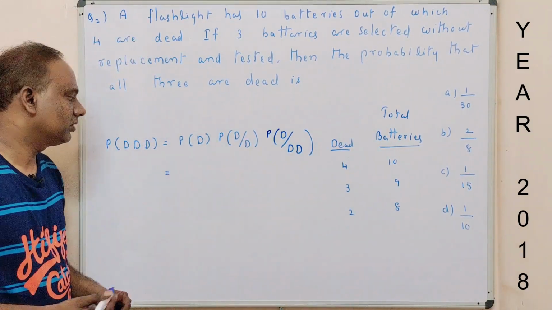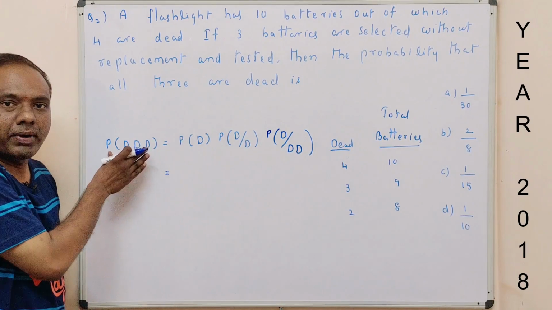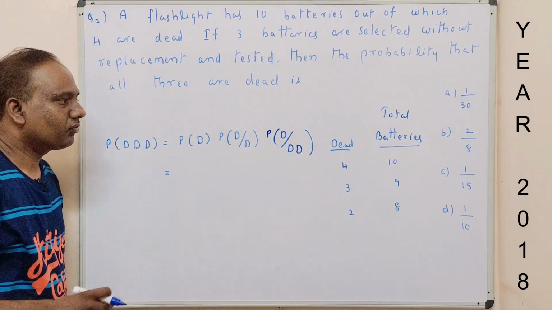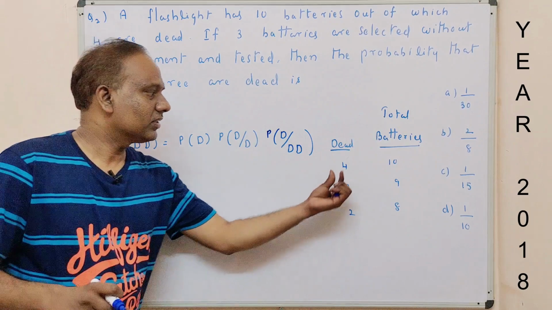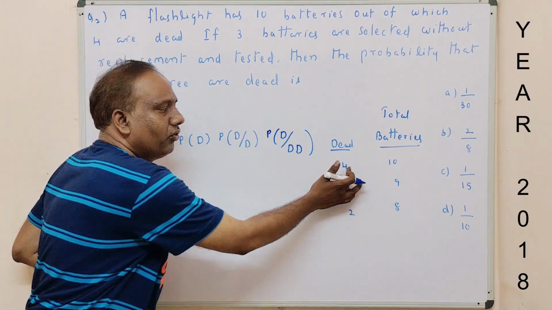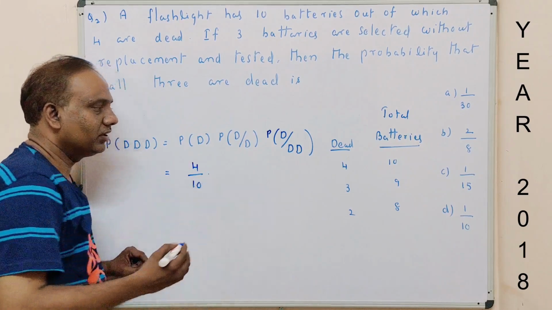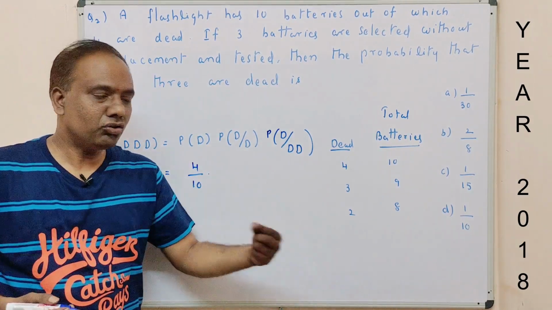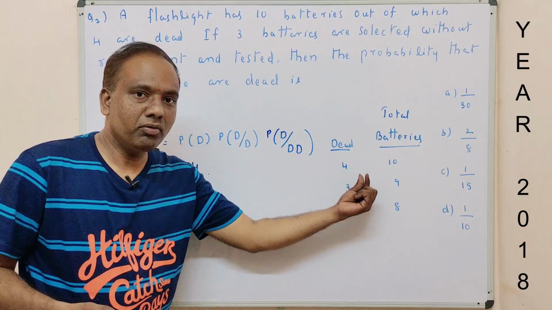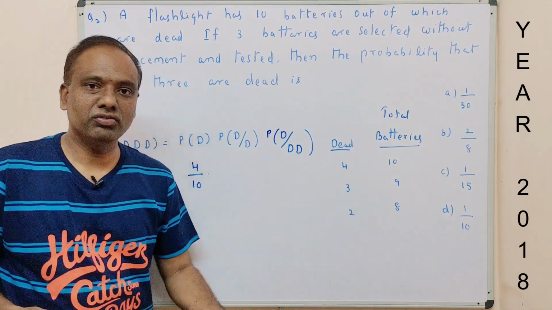Now all 3 selected are dead batteries. So first of all, the probability of getting a dead battery is 4 by 10.